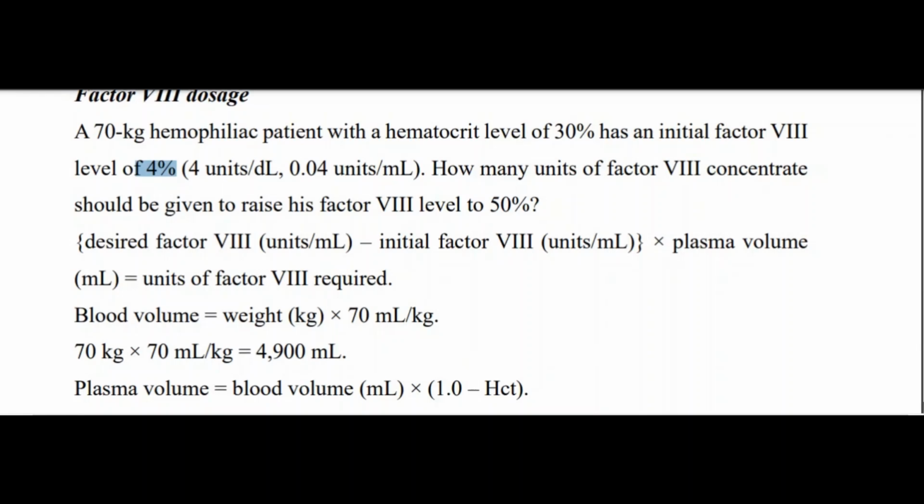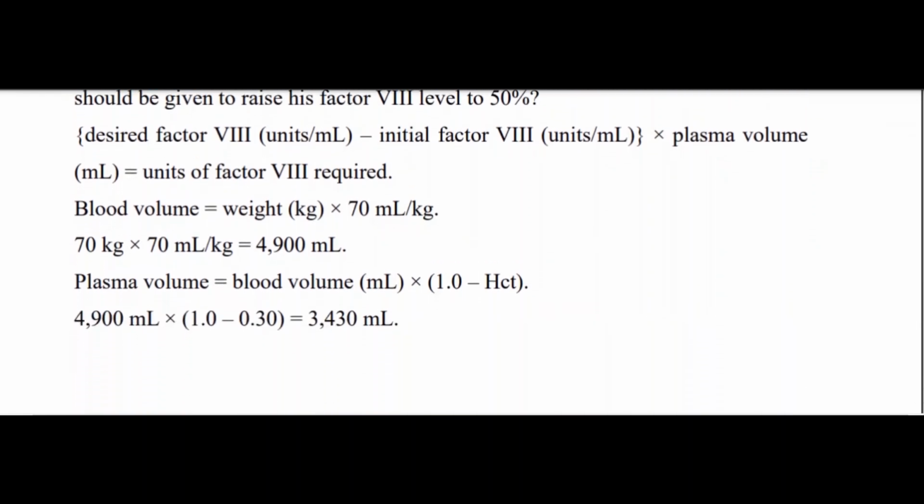Now to calculate the blood volume, we take body weight in kilograms times 70 milliliters per kilogram. This means we are considering that patients should possess at least 70 milliliters of blood per 1 kilogram.